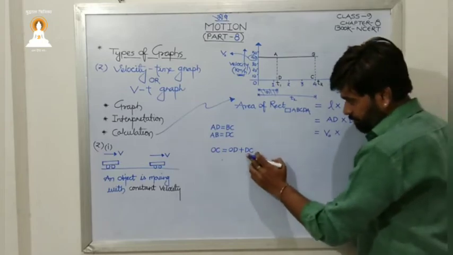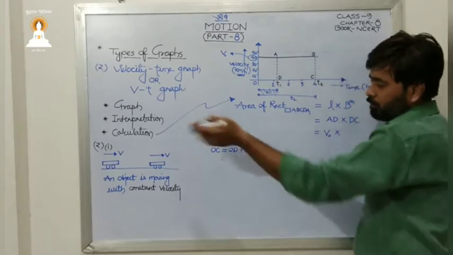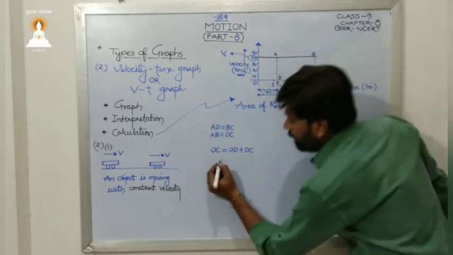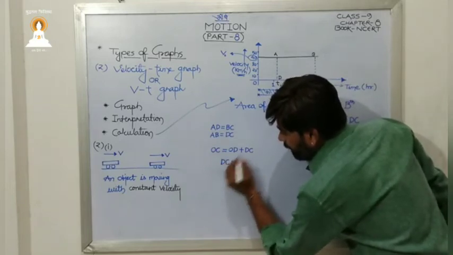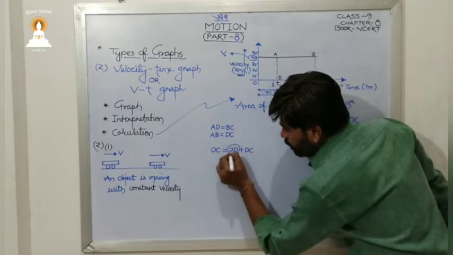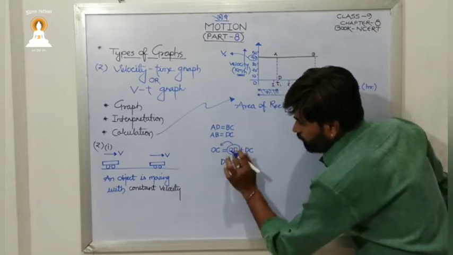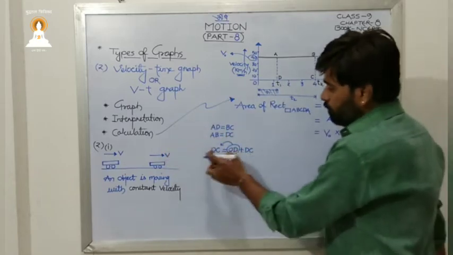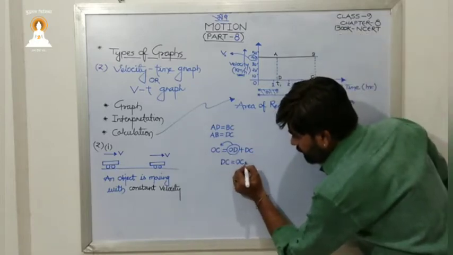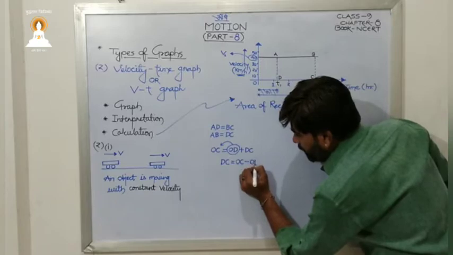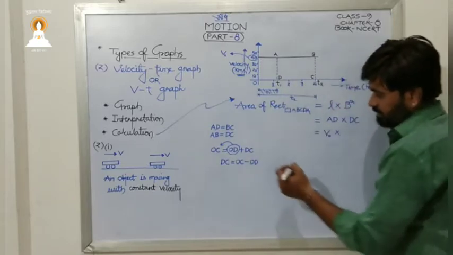So first of all we will take this DC to one side and the rest of the quantity to the other side. Now DC on one side means this OD should move to that side, and if OD moves to that side, it will move with the minus sign. So DC will be nothing but OC minus OD.